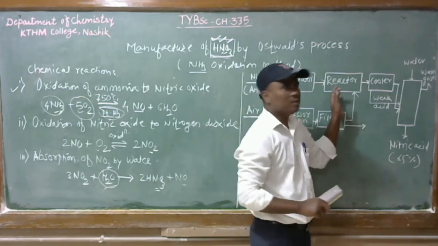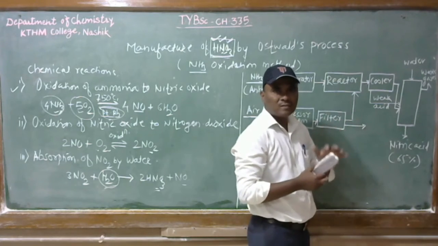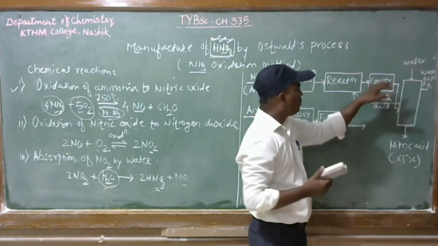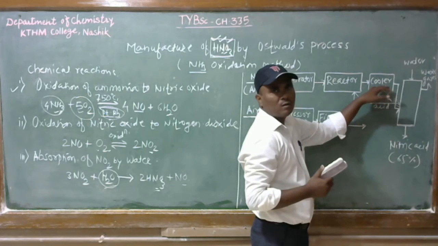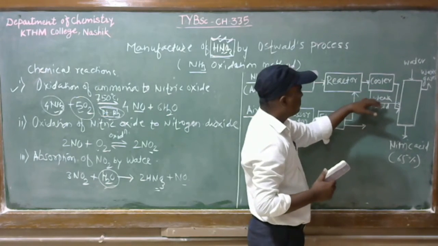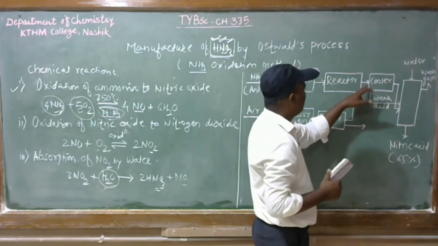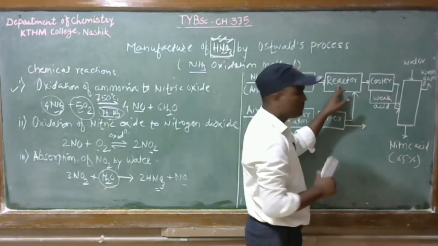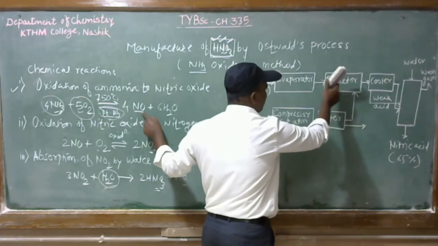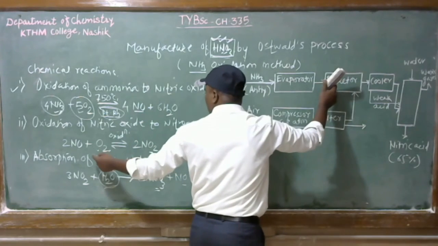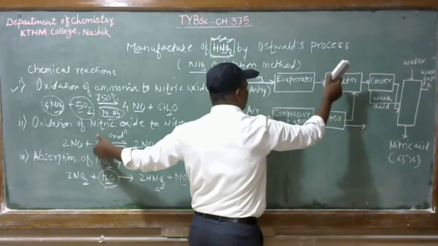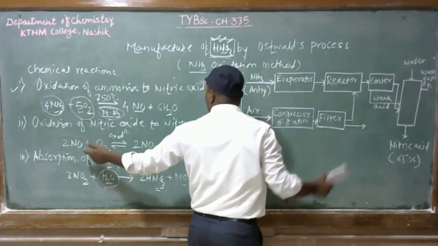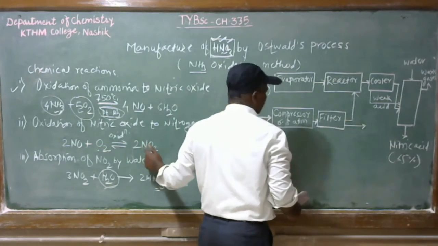The reaction is exothermic, so these reaction gases are cooled. Formation of nitric oxide will take place, and the next step will also take place in the reactor, where nitric oxide goes to nitrogen dioxide.